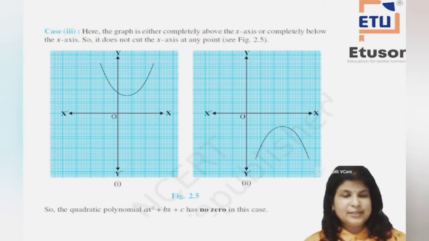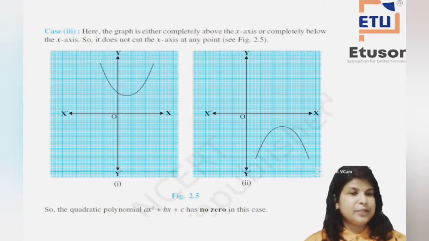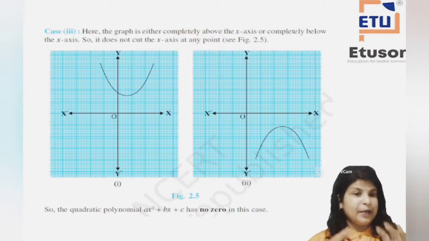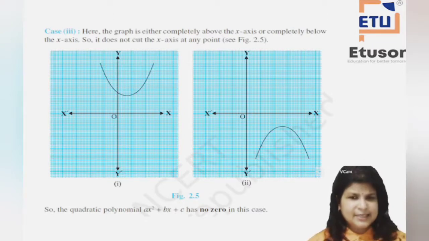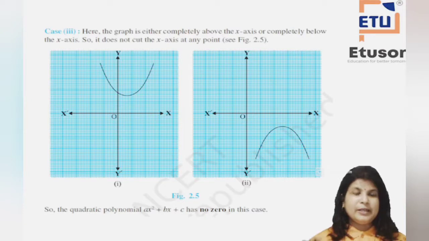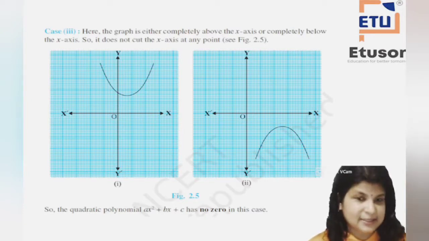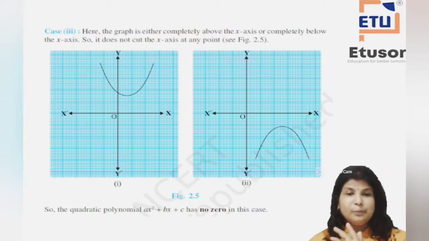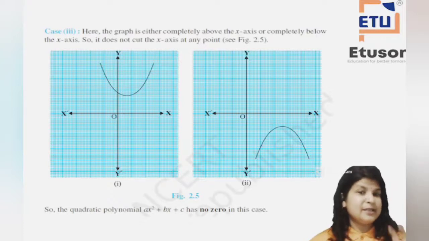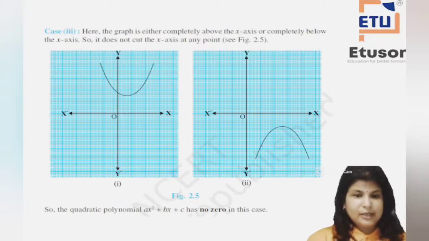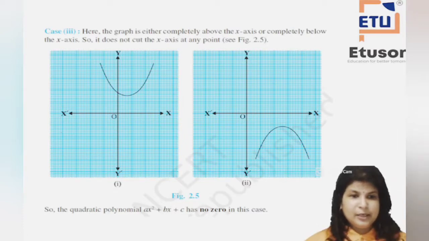How is this graph different from the other 2 types? As you can see, here the parabola is not touching the x-axis. It is not intersecting the x-axis anywhere, in both the upward and downward cases.